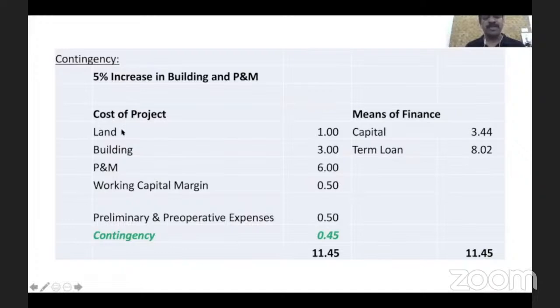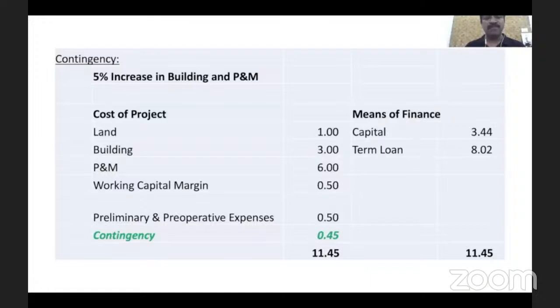Look here, the land cost is 1 crore. As far as the land is concerned, since it is a one-time purchase, I do not expect any major change, because when they identify the land itself, they would have made an agreement. So there is not likely to be any major change in the price of the land.